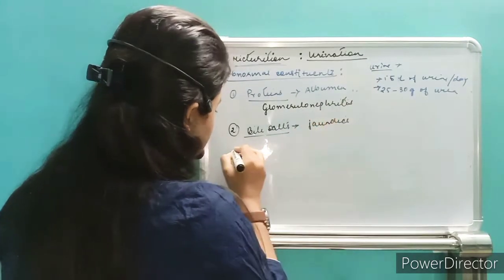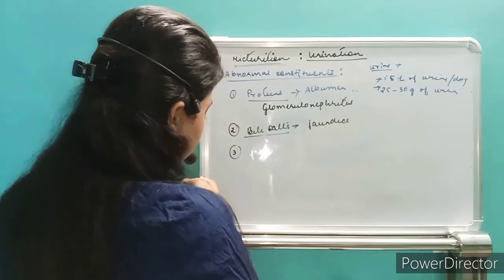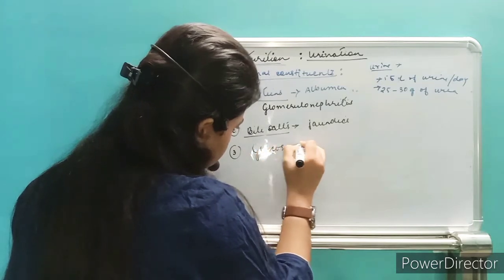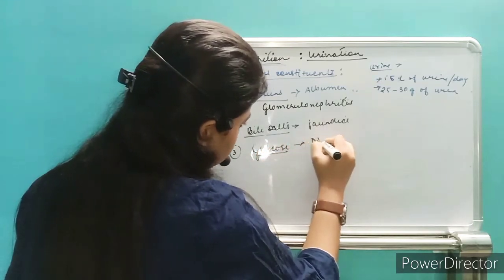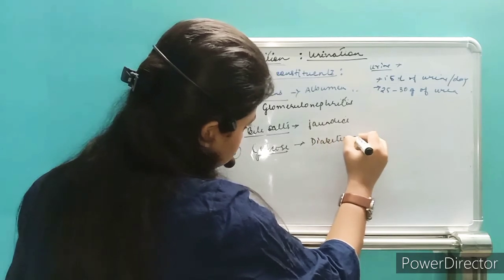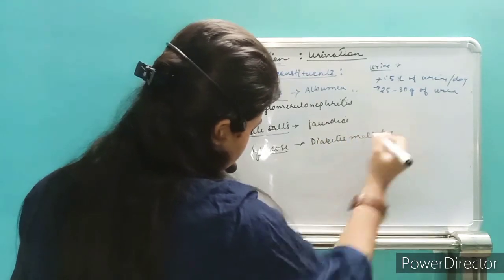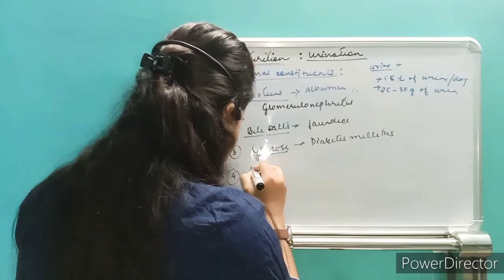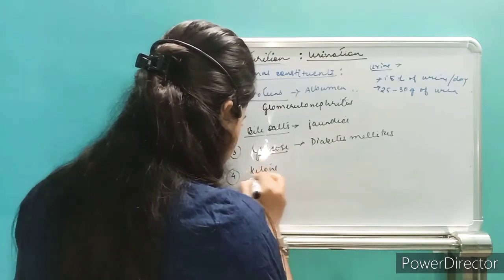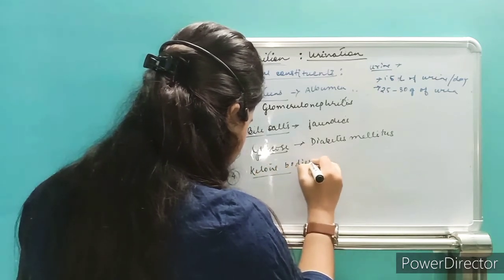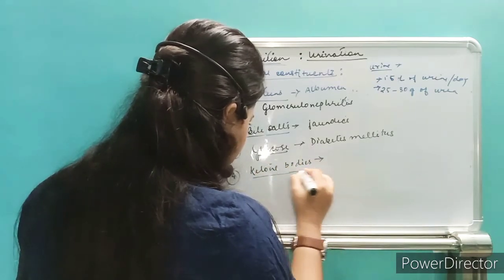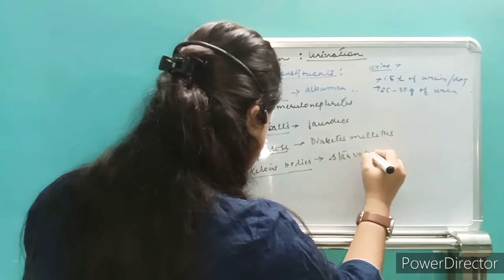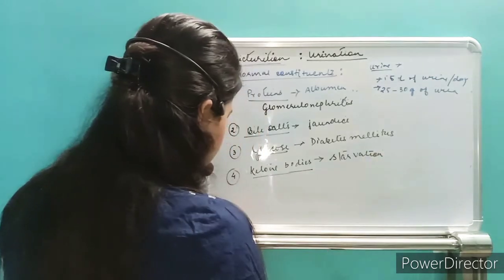Next, third one, if the urine has glucose in it, that means it is a condition of diabetes mellitus. The next constituent is ketone bodies. If ketone bodies are present, that means excessive fasting or starvation. During starvation we can have this condition.